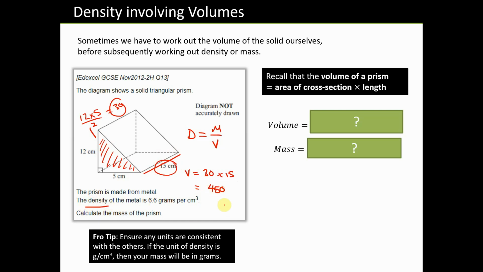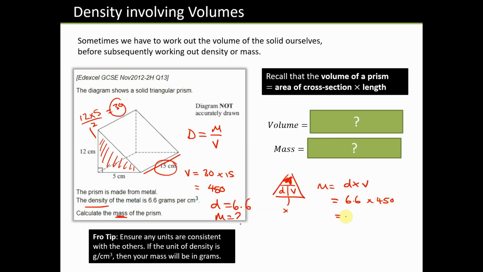We're also told that the density is 6.6. We do not have the mass. We're asked to find that. So get your triangle going. Density equals mass over volume. So we want to find the mass. Let's cover this up. Remember, this line means times, so mass equals density times volume. So we've got the density as 6.6, we've got the volume as 450.